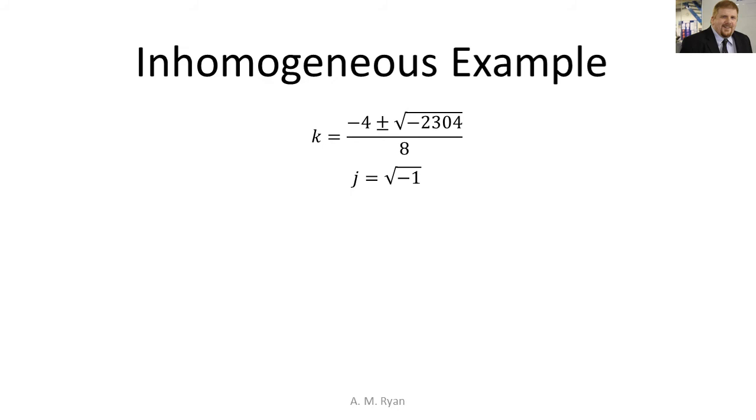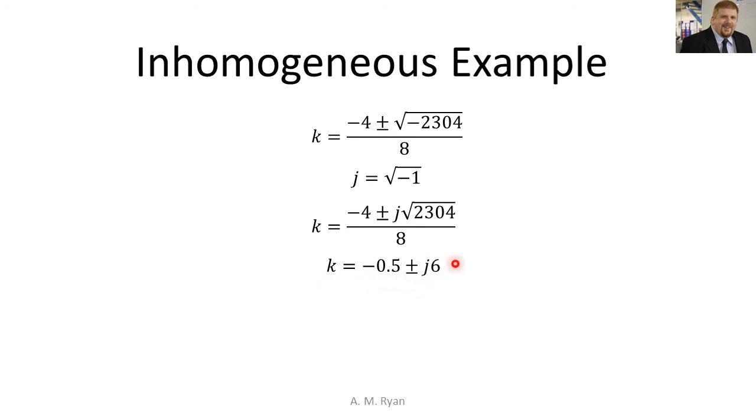Then this square root becomes the square root of minus 1 times the square root of 2304. So we can write it as minus 4 plus or minus j square root of 2304, all divided by 8. Root 2304 is 48, so we get that k is minus 0.5 plus or minus j6.